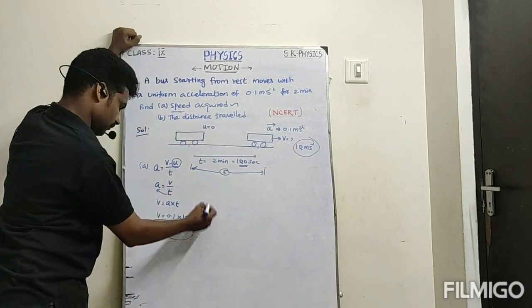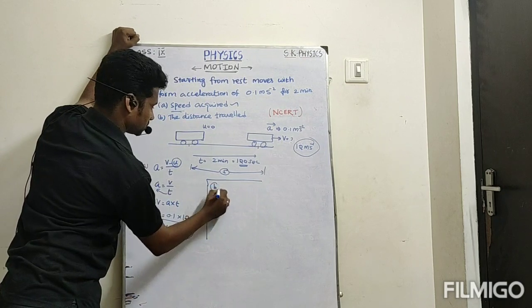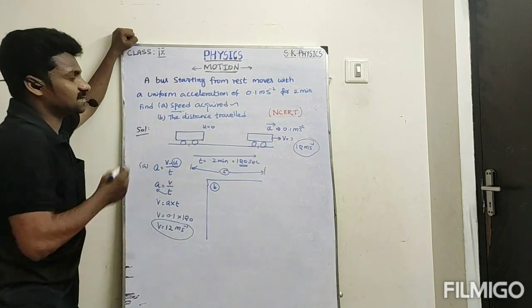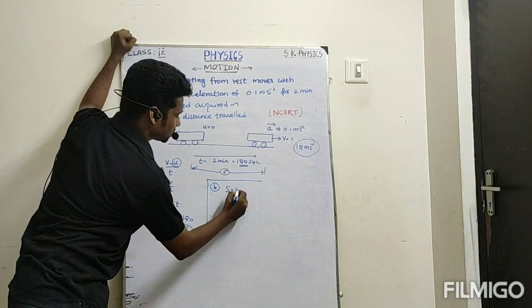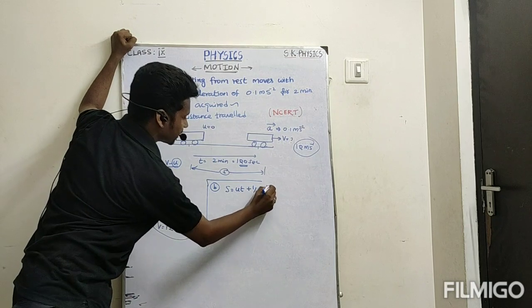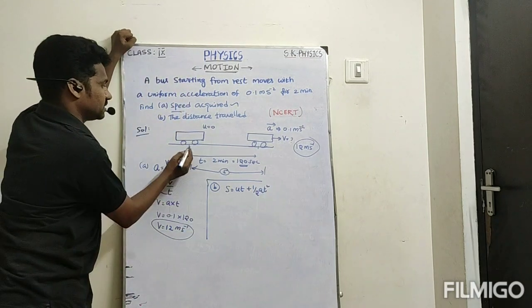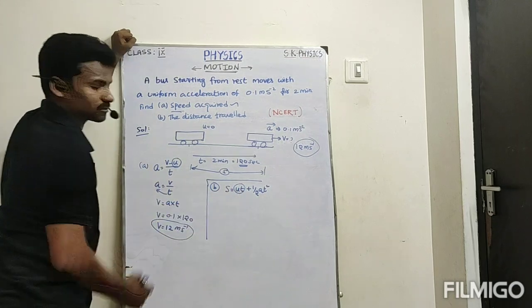Next, let's go for the second one, question B. The distance traveled is asked. Very simple. We know that S is equal to ut plus half at square. The initial velocity u value is 0, so this entire term will be 0.